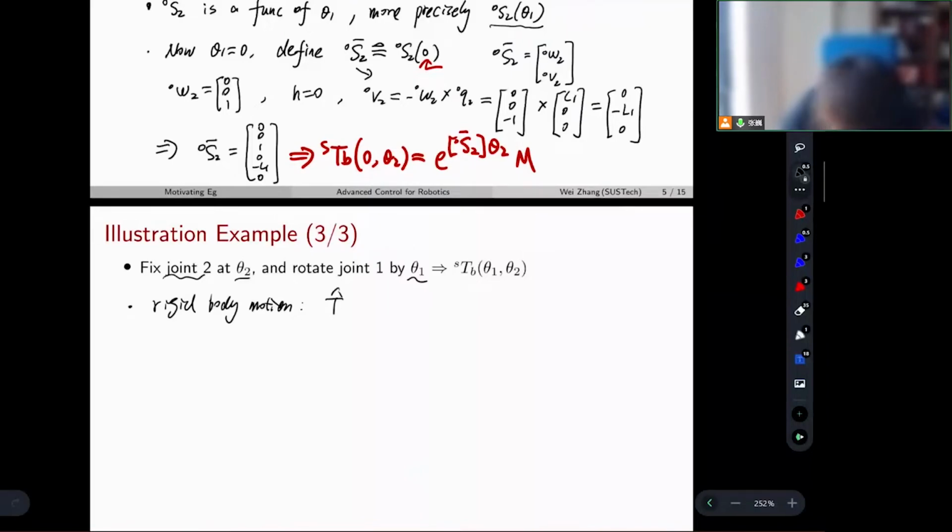Let's call that T hat. It is the exponential coordinate S1 θ1 times, before you rotate, TBS, where this part is 0 and this part is θ2.